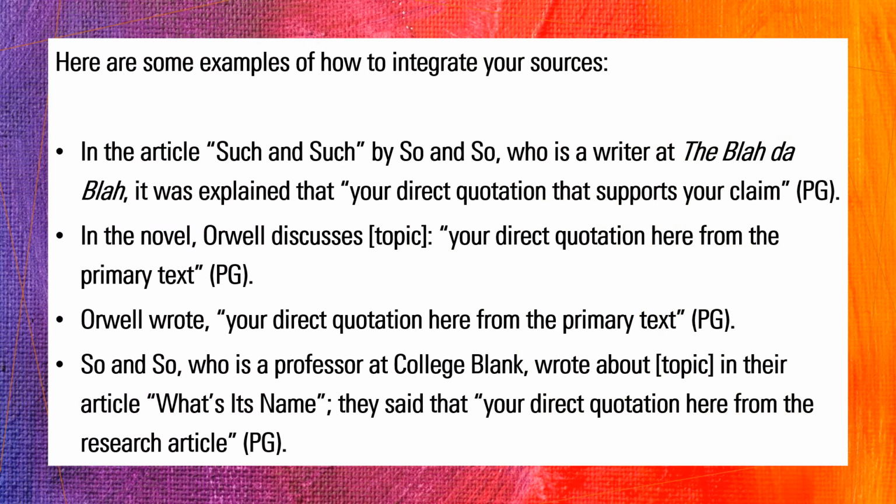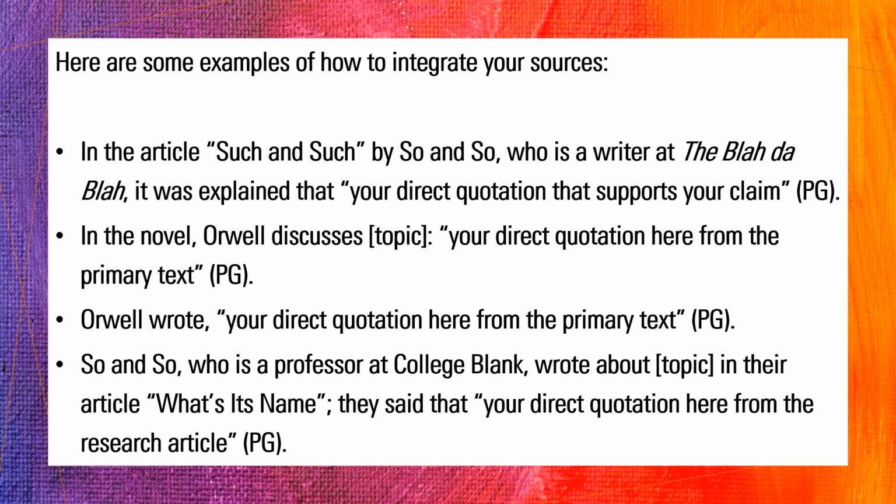Here are some examples of how to integrate your sources using various signal phrases. In the article such and such by so-and-so, who is a writer at the blah blah blah, it was explained that your direct quotation that supports your claim here, and then followed by a page number. Second, in the novel, Orwell discusses topic, your direct quotation here from the primary text, followed by the page number.